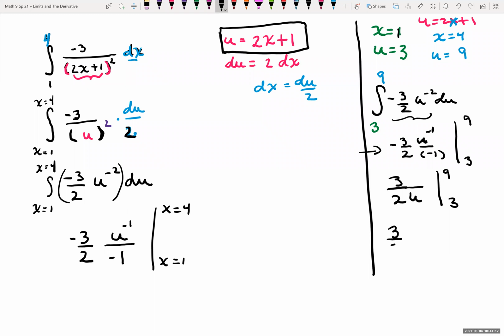We have 3 over 2 times our 9 minus our lower bound, which we said was 3. So plugging that in, I have 3 all over 2 times u, which in this case is 3.